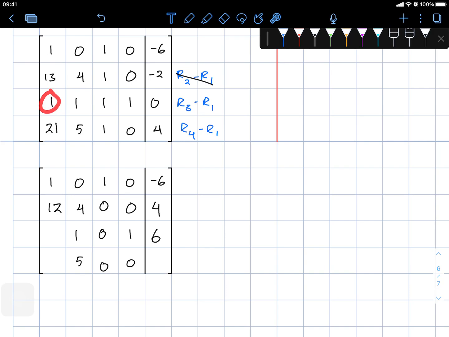And 1 take away 1 is going to be 0 as well. 21 take away 1 is 20. And 5 take away nothing is still 5. And lastly, 4 minus 6 will give us negative 2.